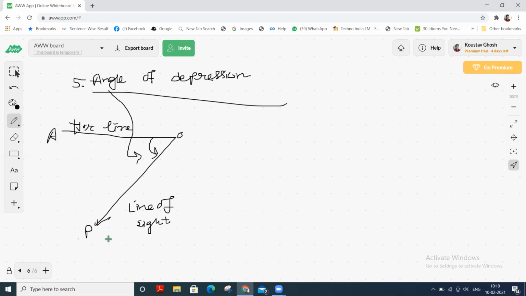Then the angle which the line of sight makes with the horizontal through O is called the angle of depression of P as seen from O. Clear? So here the angle of depression of P from O is AOP, in this direction. Clear?